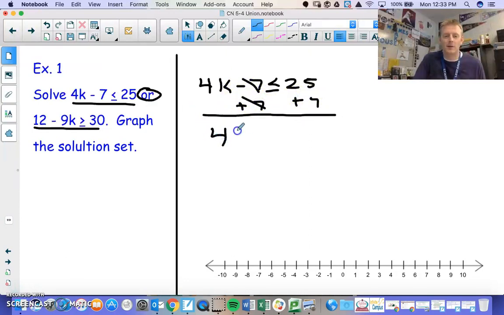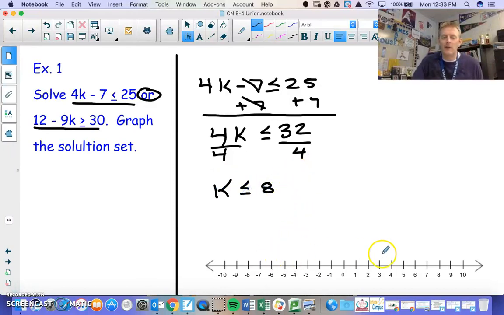So we're left with 4k is less than or equal to 32. Then we divide by 4 on both sides to get k is less than or equal to 8. Now if I were to graph that, I'm going to take my 8 and have a closed circle and shade to the left.